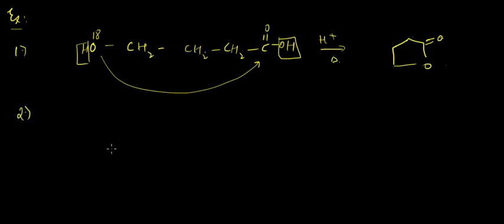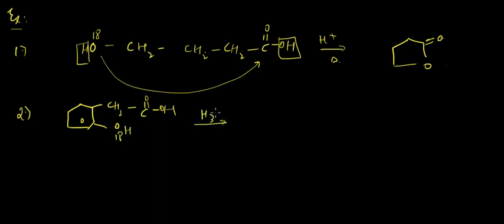And we have then a substituted CH2 C double bond OH and O18H. Again, what will happen in acidic medium? Heat it. What will happen is, again, this H and this OH will get released from the reaction, and this O will be forming a bond with this carbon atom.